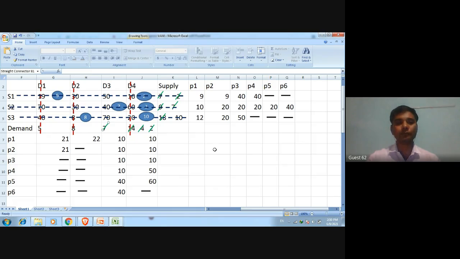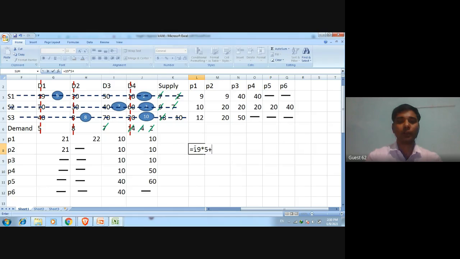Just like from the first cell, let us write down here: 19 into 5 plus, and the second allocation is D4. Plant S1 has supplied 5 units to dealer D1 at the rate of rupees 19 per unit, and S1 also supplied 2 units to dealer D4 at the rate of rupees 10 per unit.